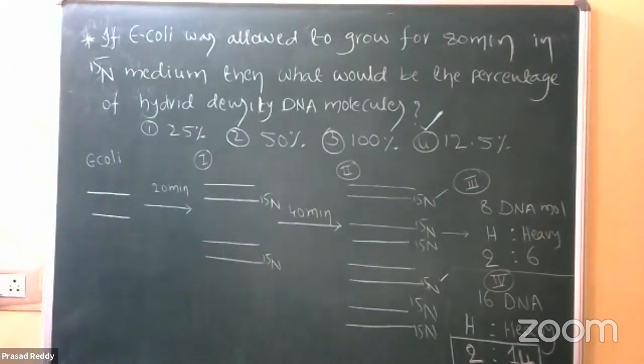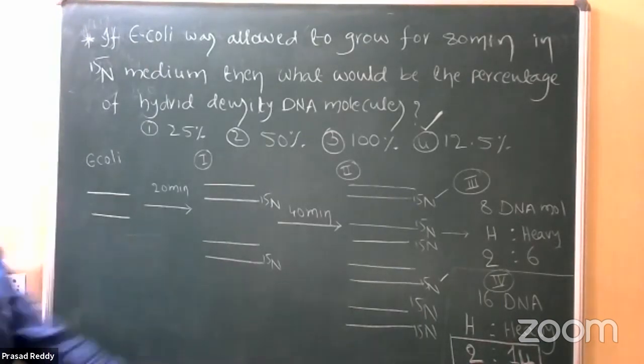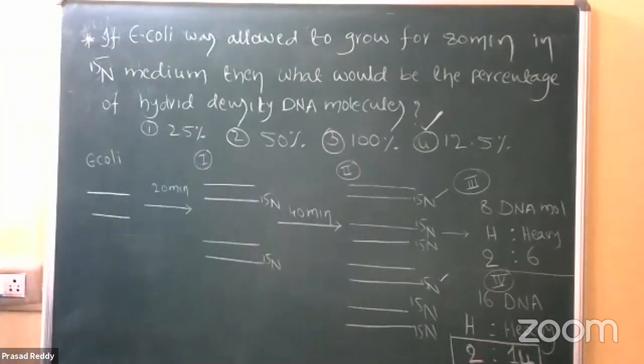The remaining 87.5% is the heavy DNA molecule ratio. So the answer is the fourth option. Note it down.